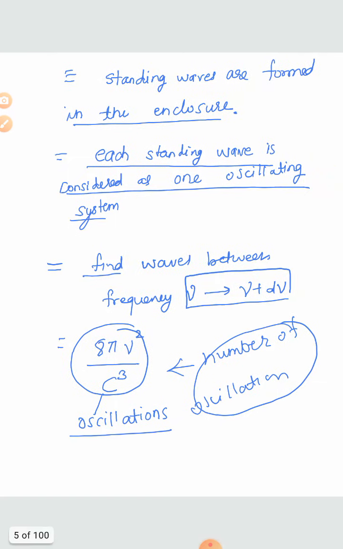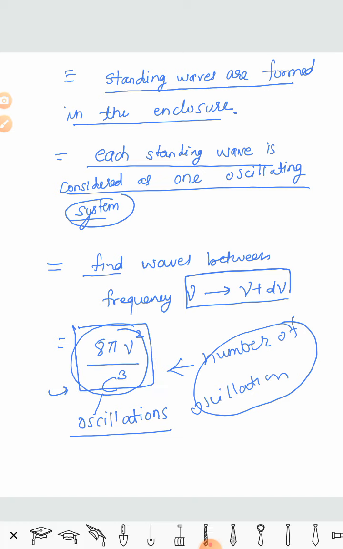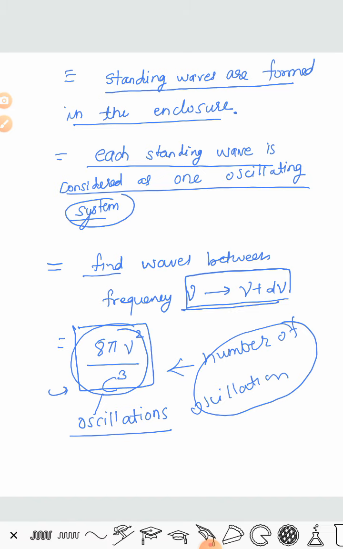He considered each standing wave in the enclosure as an oscillating system. He counted the number of oscillations, and that value came out to be 8 pi nu square by c cube in the frequency range nu to nu plus d nu.